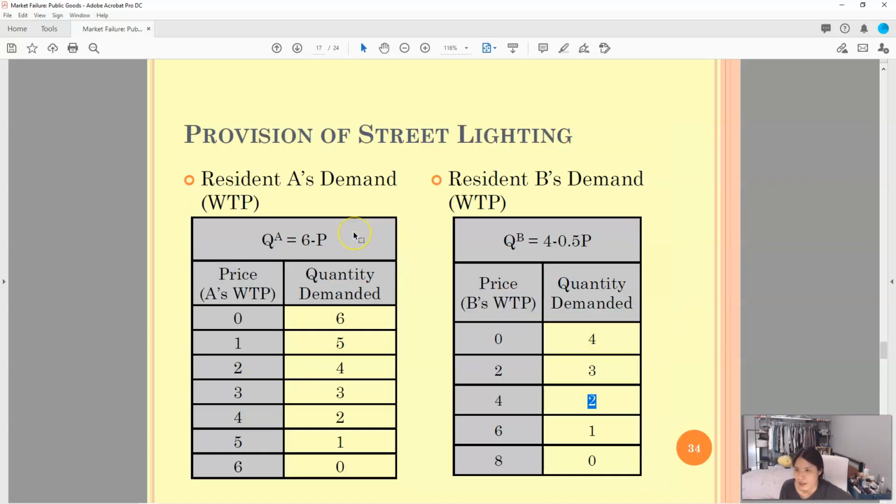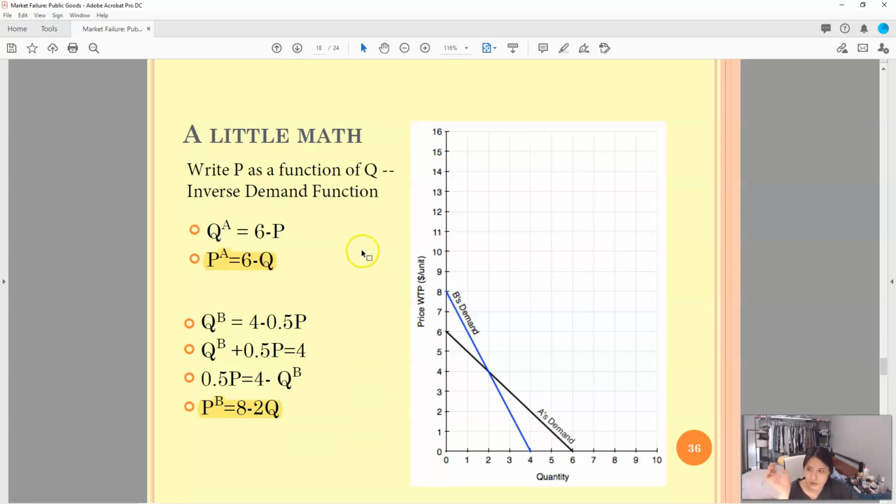So to get the aggregate demand curve, the sum of the demand curves of those 2 persons, let's do a little math first. First, we need to write down the inverse demand function.